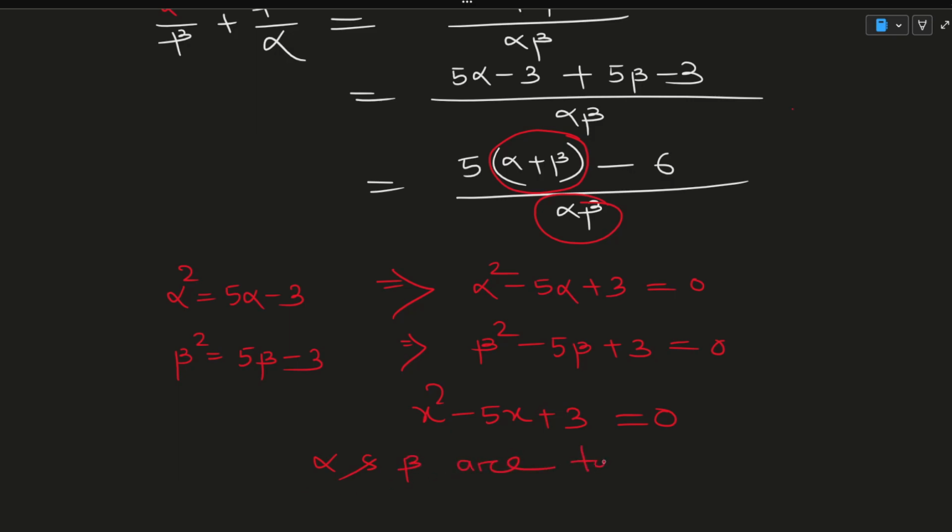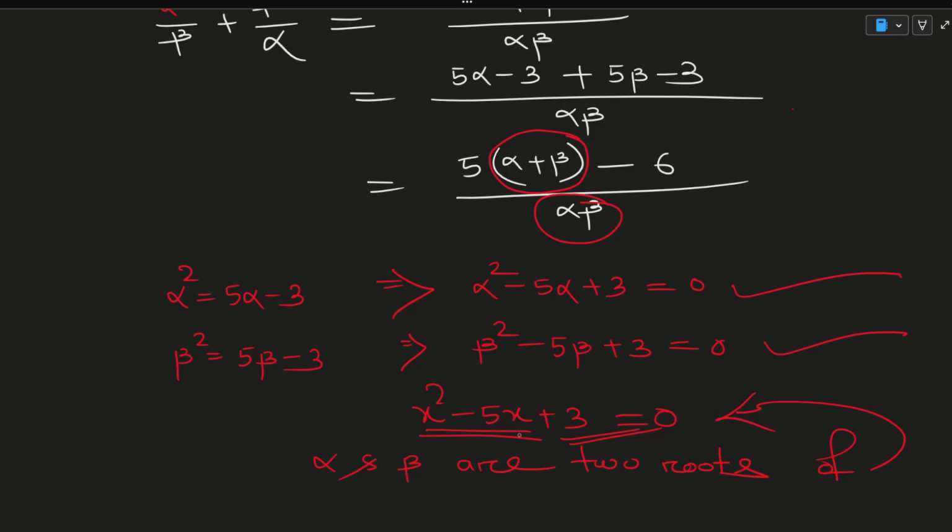If we put alpha, then alpha square minus 5 alpha plus 3 equal to 0. Yes, it is true. And if we put beta in this equation, then beta square minus 5 beta plus 3 is also 0. It means alpha and beta are the two roots.